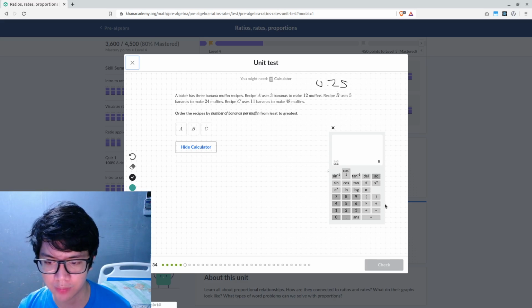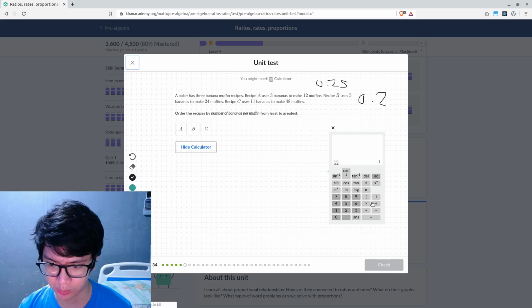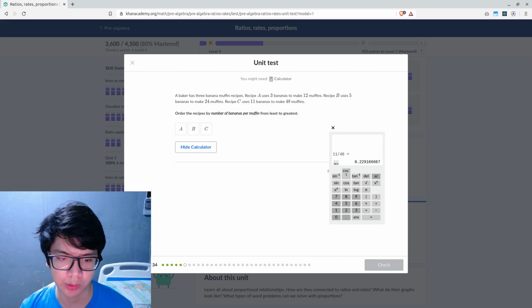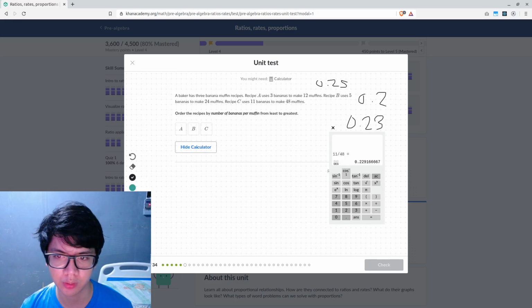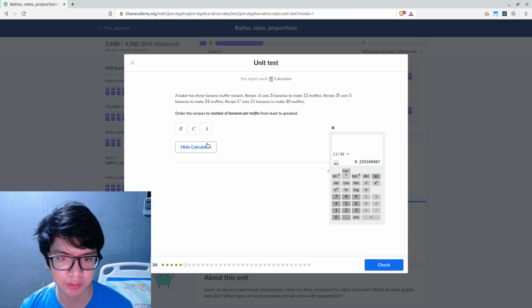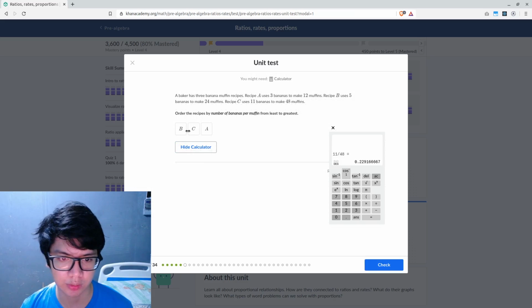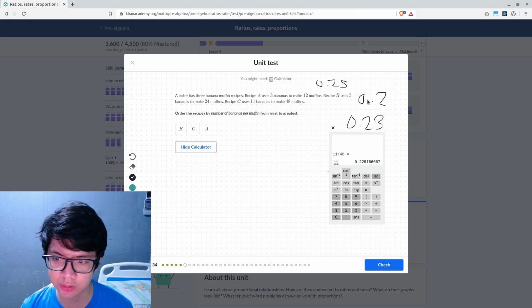B is like 5 divided by 24. 0.2. 11 over 48 for C. So we actually have A is the biggest, and A is least.